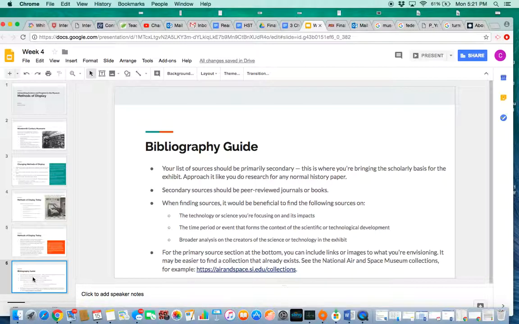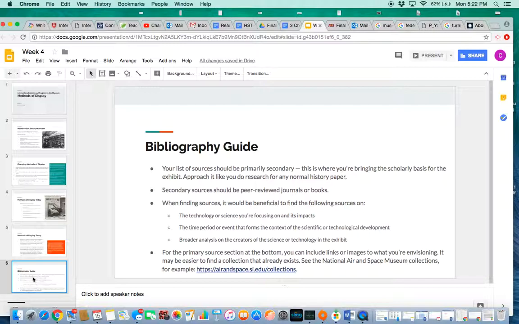Some things to think about to help you round out your analysis for the content part of your exhibit: obviously look up the innovation, or whatever it is that you're focused on, and see what's been written on that topic. But you also want to look at the broader context of the time period. If you're looking at the cotton gin, you want to look at the rise of the Cotton Kingdom in the South, the antebellum period, what's going on in that time period, and how that has broader impacts on society.